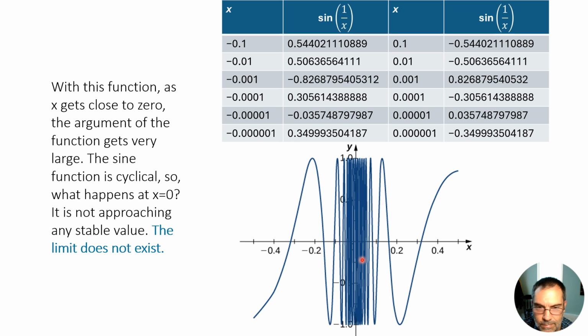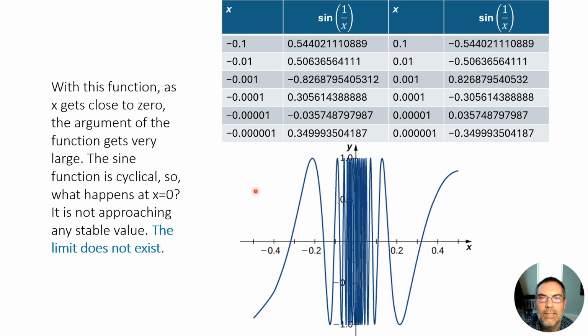So the answer is you can't zoom in on this and spread these wiggles out to see what's happening in the middle. It goes on forever, and no matter what you change the scale to, it will look like this. And you won't be able to see what's happening at the 0 point because that limit does not exist.